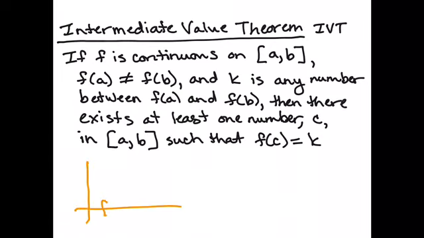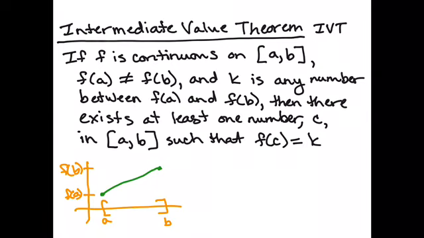So let's look at this. I'm on a closed interval from A to B, and I've got y values, f of A and f of B, that are different from each other. And I'll connect my dots.